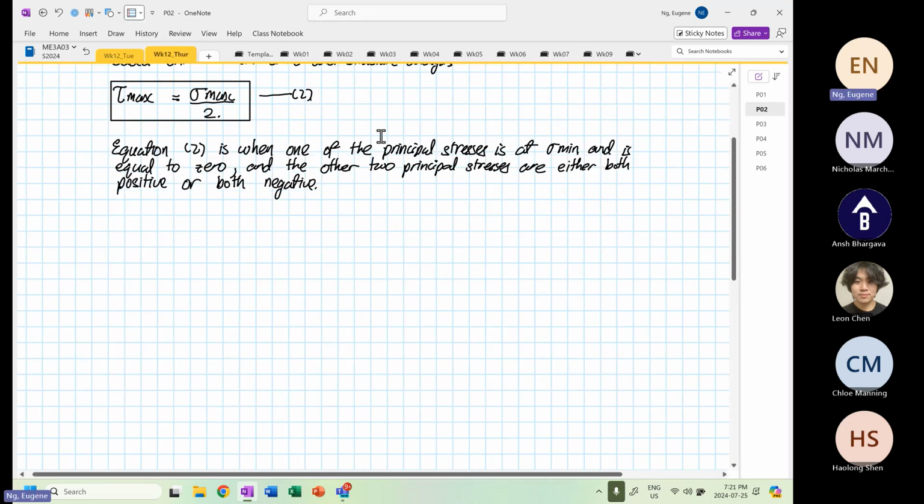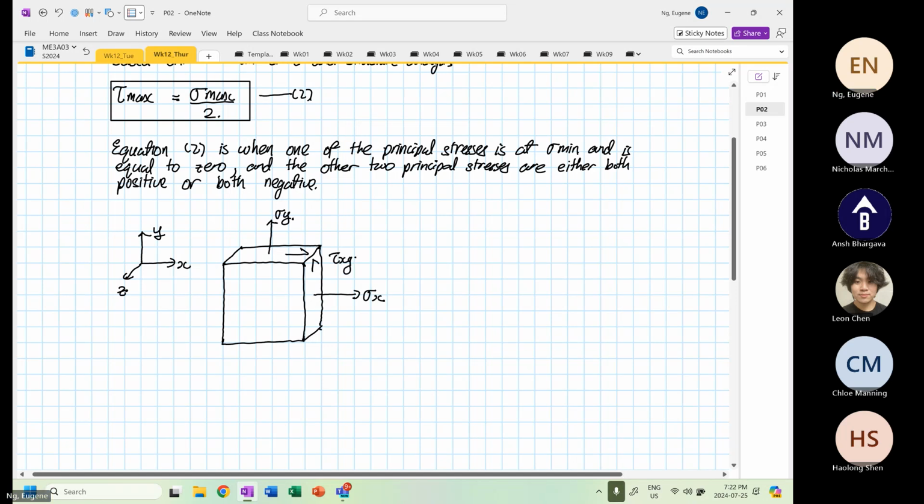So what if now we have a 3D element X, Y, and Z, and our element is such that we have a tensile stress in stress X and a tensile stress in stress Y, and then we also have a shear, and that's all we have.